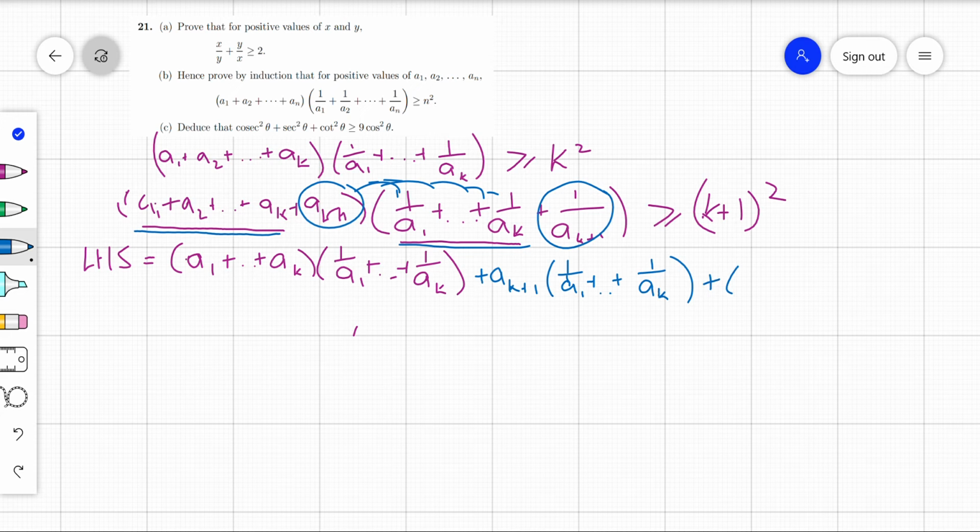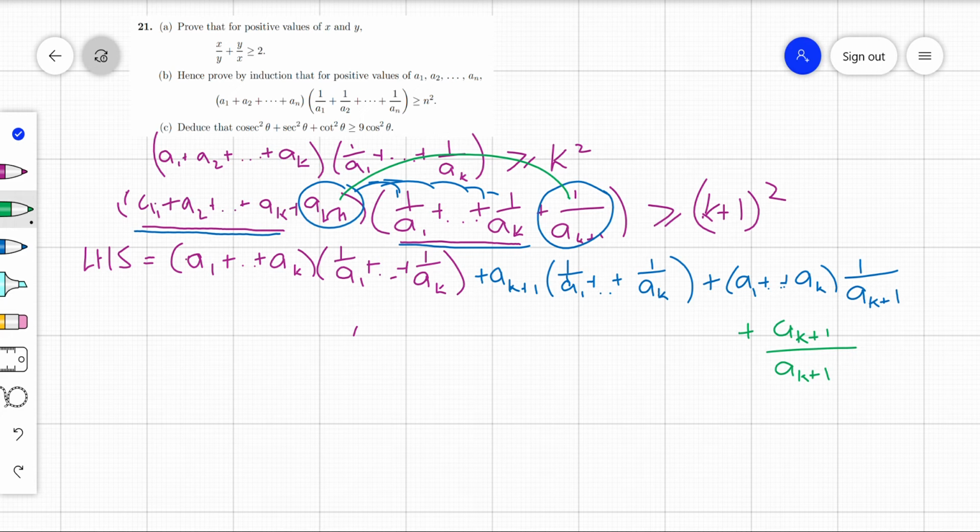So we still have the a1 to the ak times by that a k plus 1. And then the last bit we have is the last two terms, that one times that one. But that is just a k plus 1 all on a k plus 1 times 1 on a k plus 1. So that's just going to be 1 anyway.